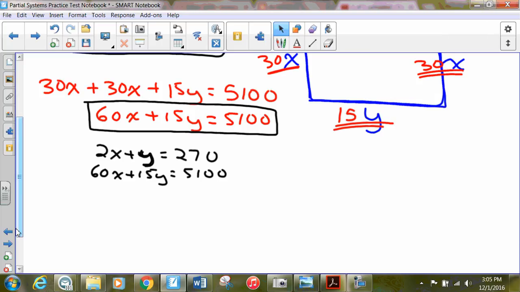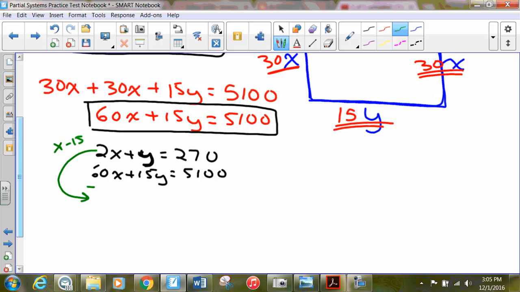If we want to make that y equal to a negative 15y, we're just going to multiply it by negative 15. That means not only the y gets multiplied by negative 15, but so does every single term in this equation. That's the only reason why we're allowed to do it. It's only legal if all the terms get the same treatment in an equation. So here we go. 2x times negative 15 is negative 30x, and y times negative 15 is negative 15y.